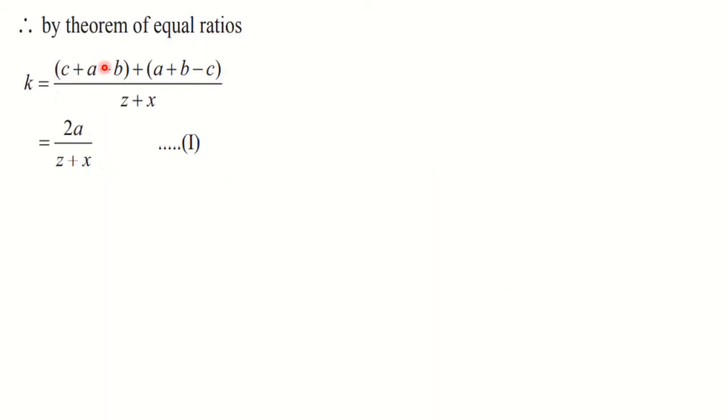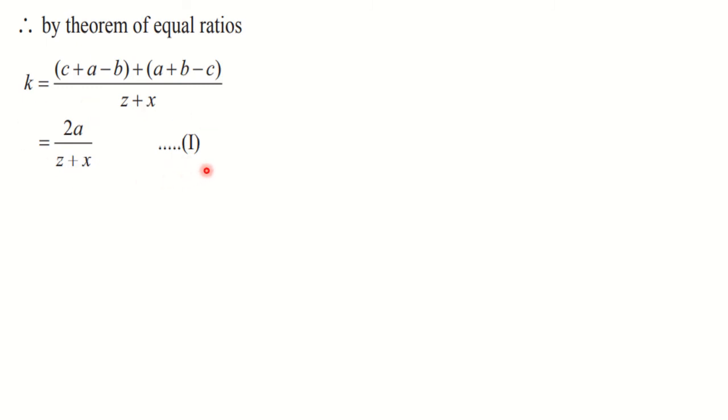Okay. So this way you are going to write. Whatever is above z you will write first, and whatever is above x you will write second by putting the plus sign in between. So what you will observe here is that certain terms will get cancelled. Plus c and minus c cancelled. Minus b and plus b cancelled. So a plus a, 2a upon z plus x. This is the first one.